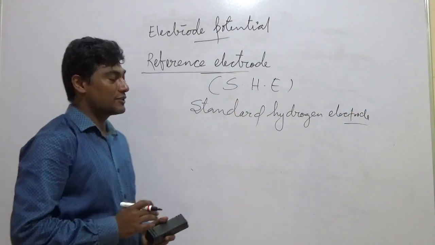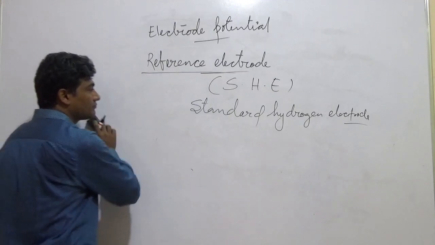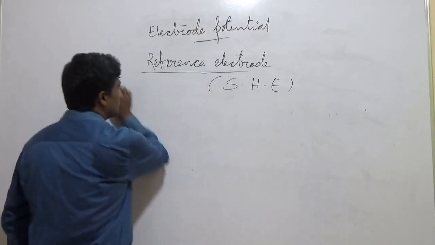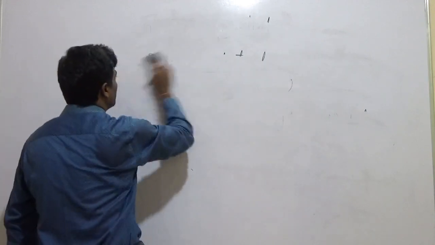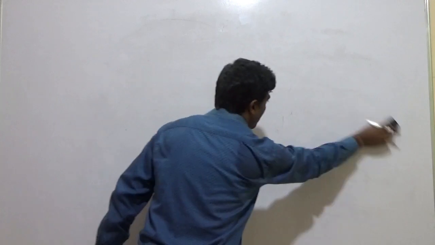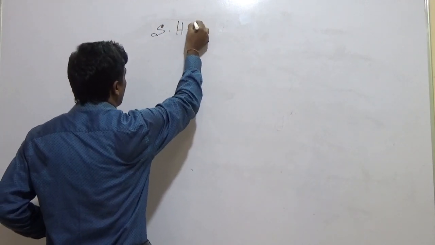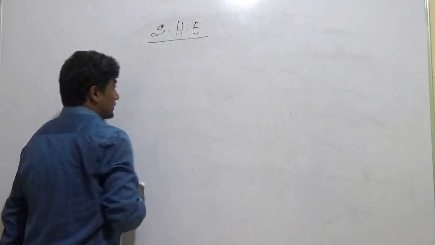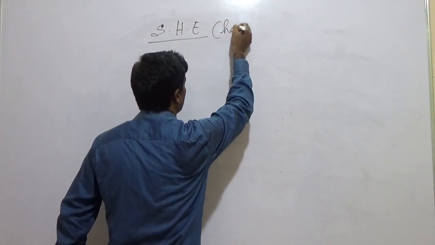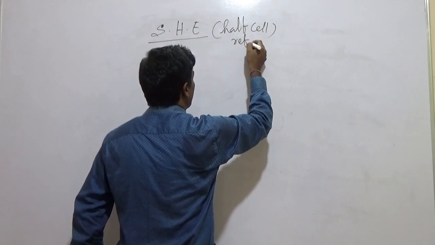What is the standard hydrogen electrode? We must see what its construction is. So it is a half cell taken for reference.